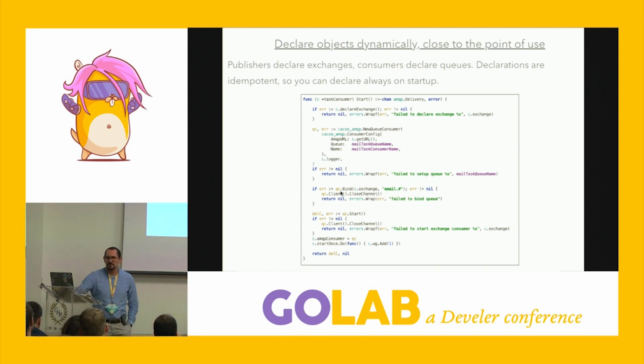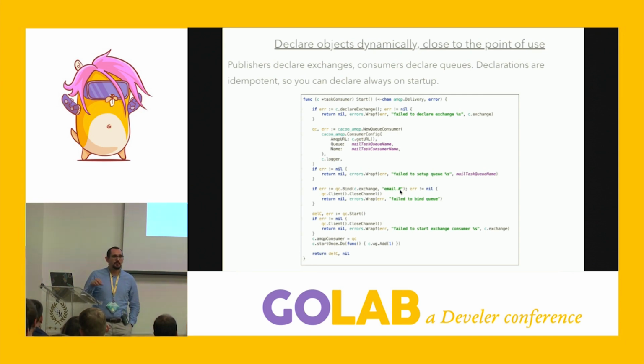So that's fine. And as you can see here, after declaring the queue, we have to bind the queue to the exchange. For example, this code comes from the email processor. We do that with email.hash, which means email.anything. And this is the AMQP wildcard. You might want to know that there are 2 wildcards in AMQP that you can use, which are the star symbol and the hash.